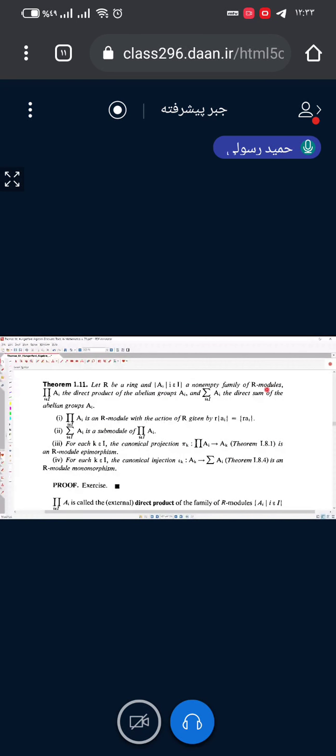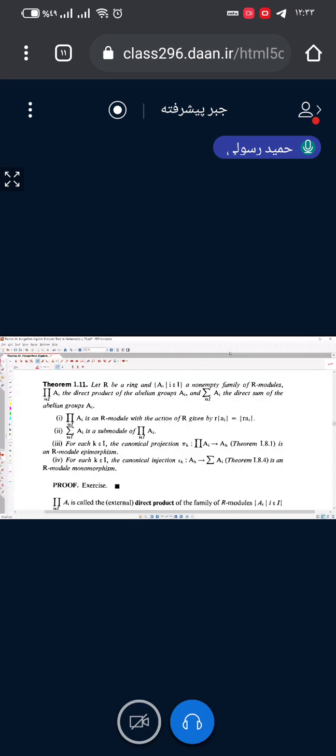So the addition operation is of the form, let me write here.